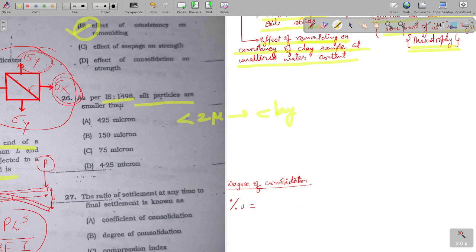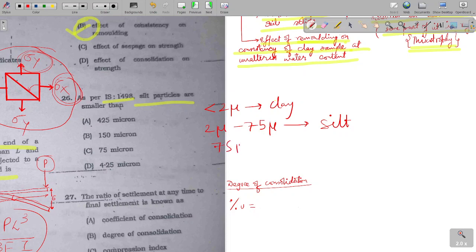Let's change the pen first. So less than 2 micron we have clay, then 2 microns to 75 micron, this is the symbol of micron, mu, that is silt.